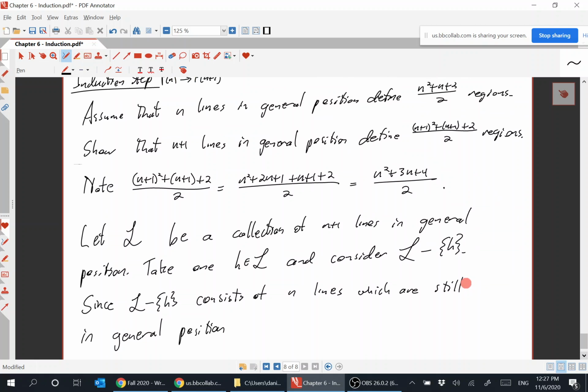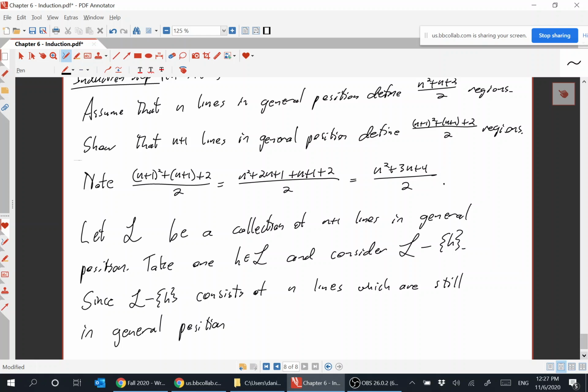So since we've got n lines in general position, what's got to happen? They make (n squared plus n plus 2) over 2 regions.